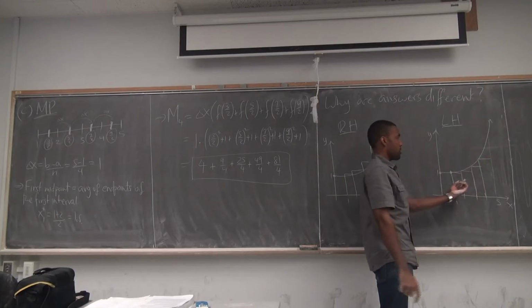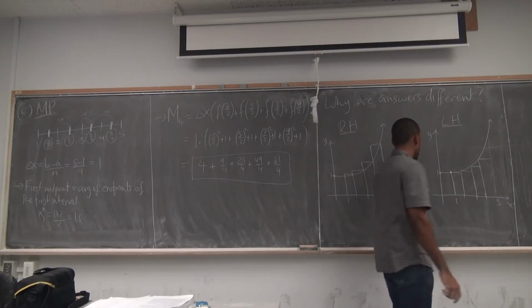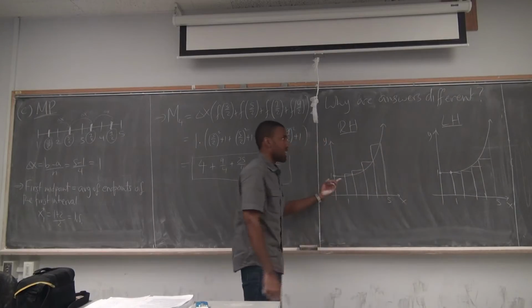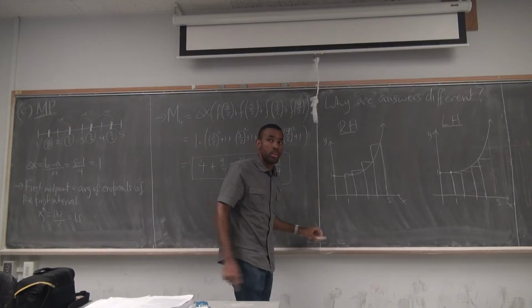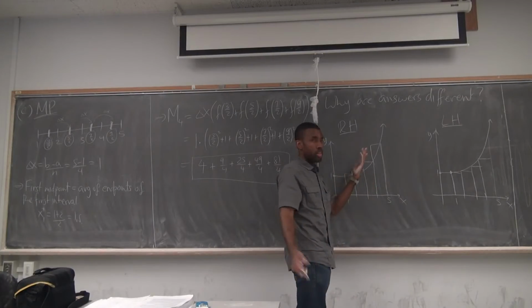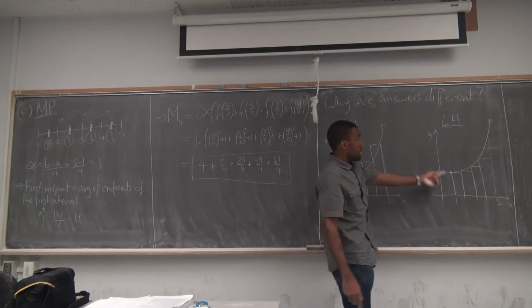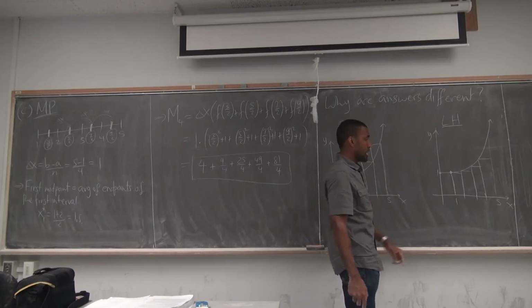In other words, the area of the rectangles gives me something smaller than the actual area, right? So remember, these aren't the actual area, they're approximations of the area, right? So the right hand is going to give you something, in this case, not in all cases, that's bigger than the actual answer. The left hand will give you something that's smaller than the actual answer, right?